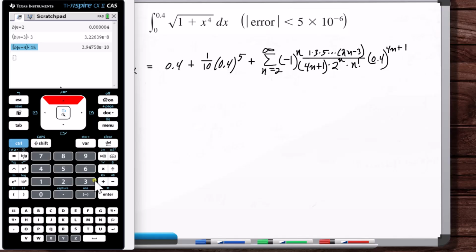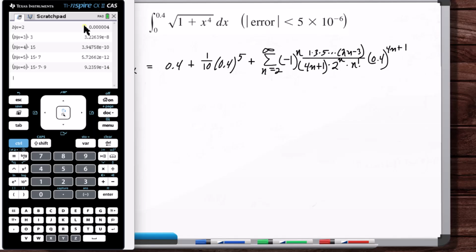Let's do n is equal to 5, and you would have 3 times 5 times 7. Okay, let's keep going a little bit. And n is equal to 6. So 3 times 5 times 7 times 9.